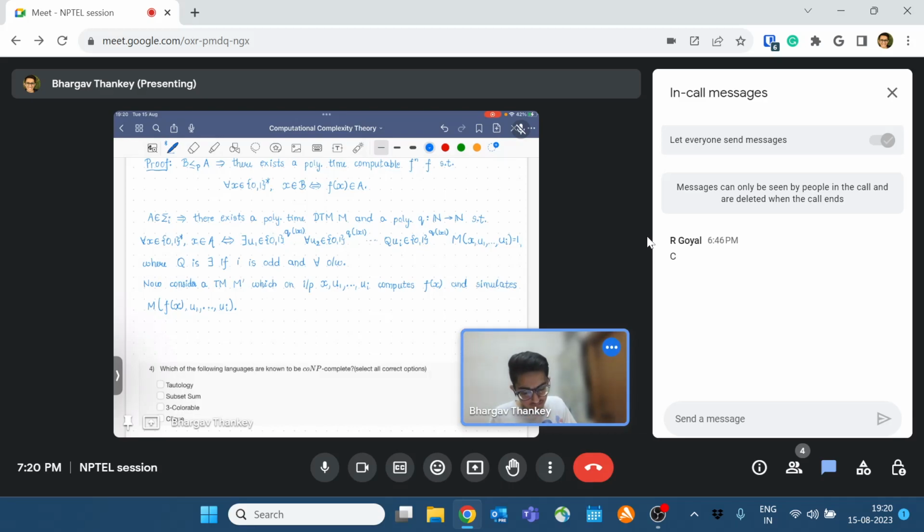So now M prime is clearly a polytime deterministic Turing machine, right?